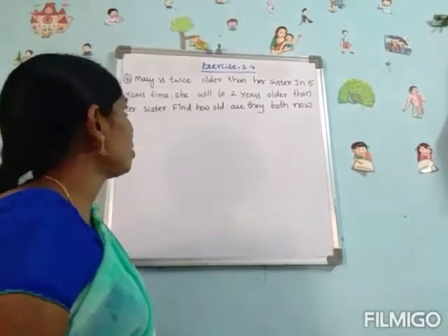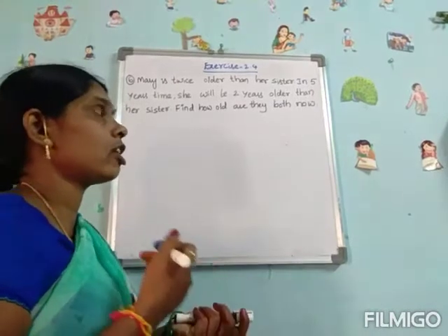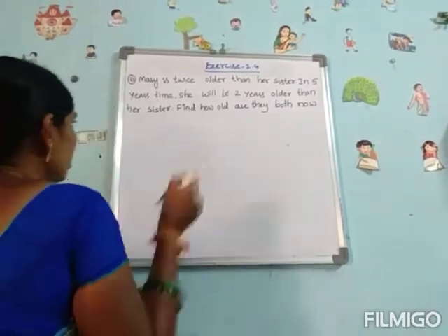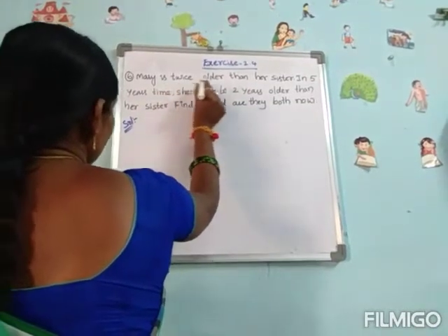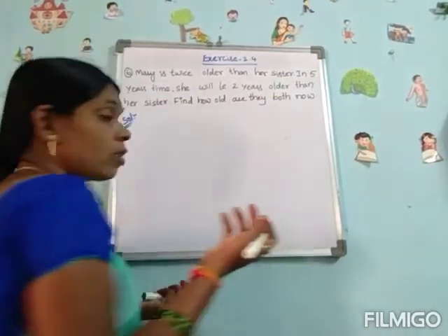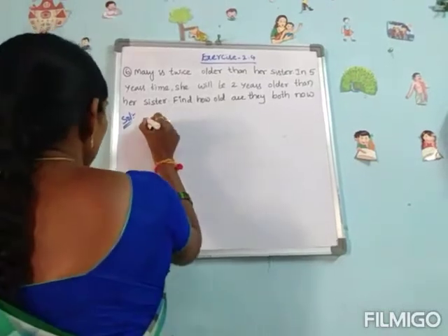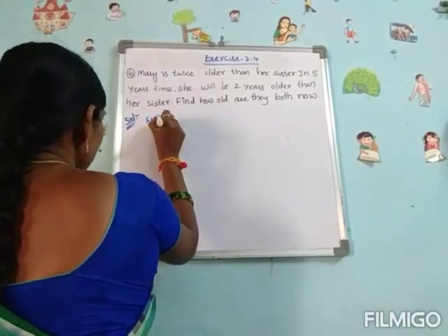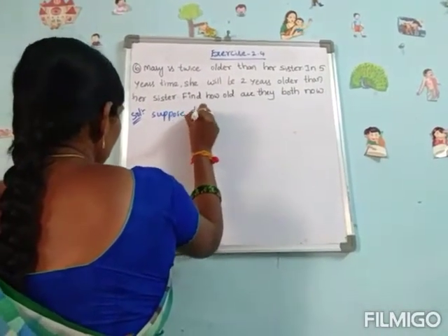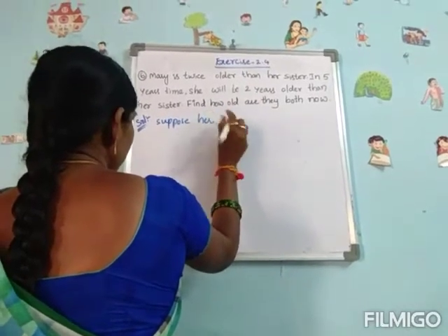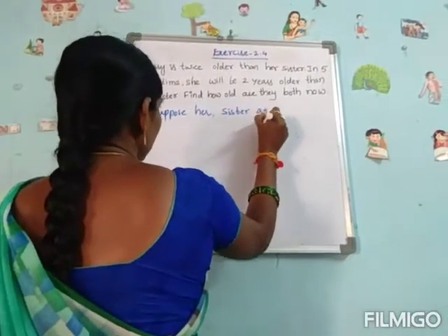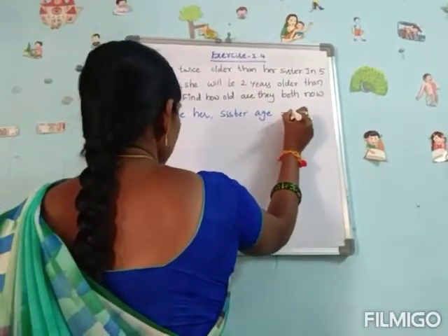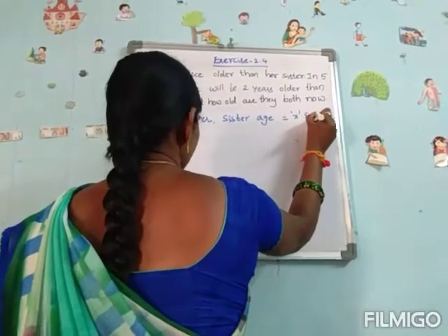Okay. So we don't know the age of her sister and the age of Mary. Here it is given Mary's age is twice her sister's. First we don't know her sister's age. So suppose her sister's age is x, say.